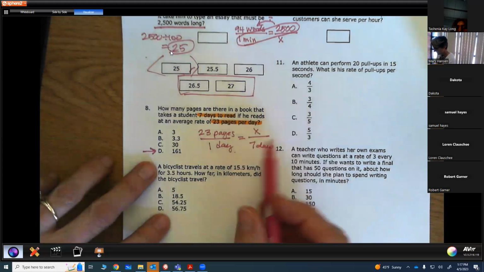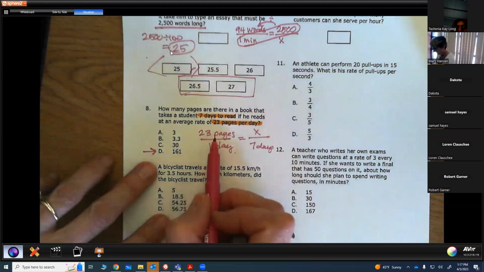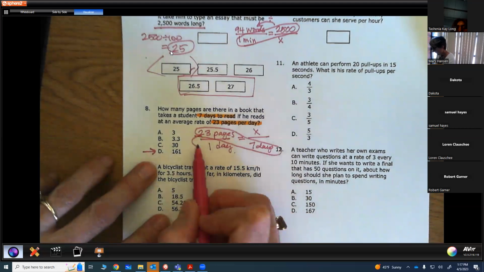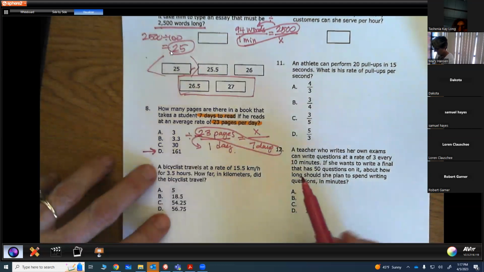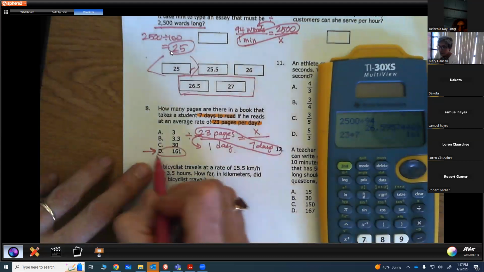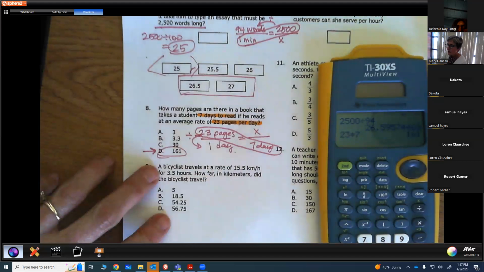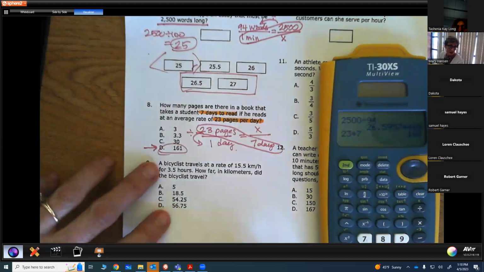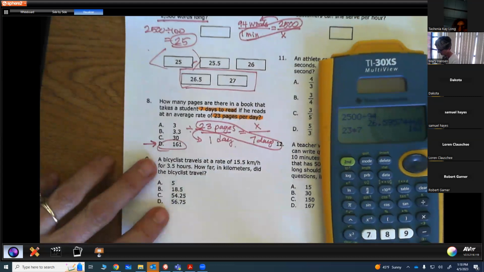And when you cross multiply, you end up multiplying exactly like you said, 23 times 7, dividing by 1, which doesn't do anything. And so 23 times 7 is 161. Okay, so 161 is a good answer for number 8.